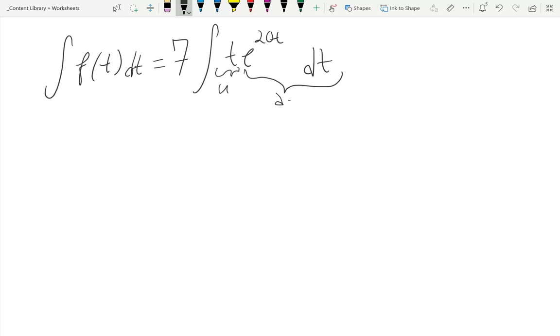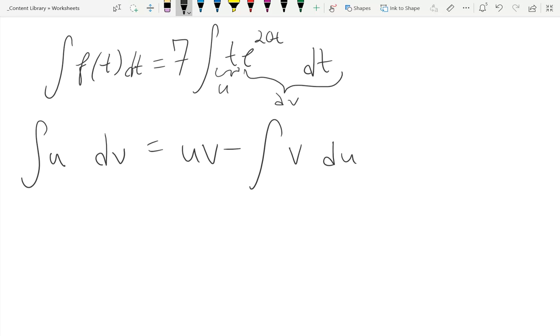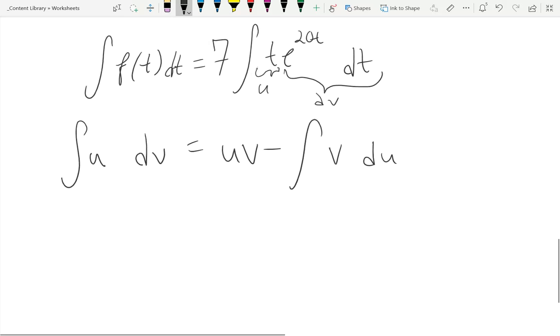Integration by parts is the reason this one's on the list. Integration by parts is the integral of u dv equals uv minus the integral of v du. You've heard this, right? It's the formula for integration by parts.